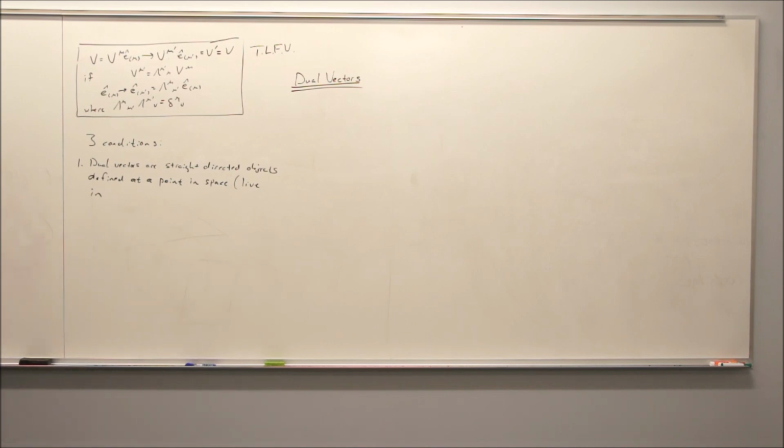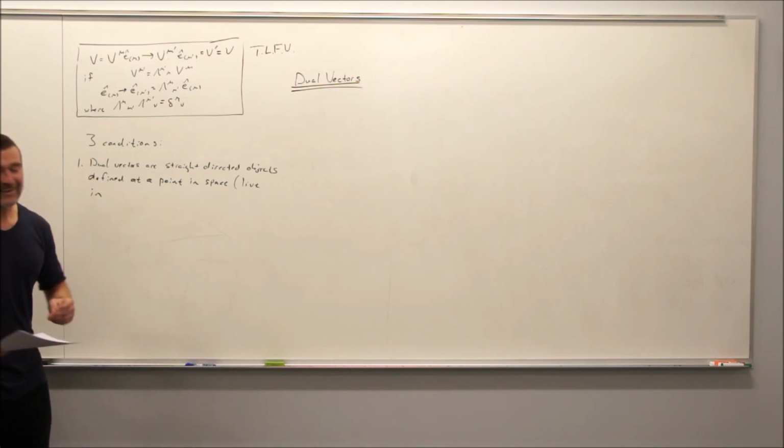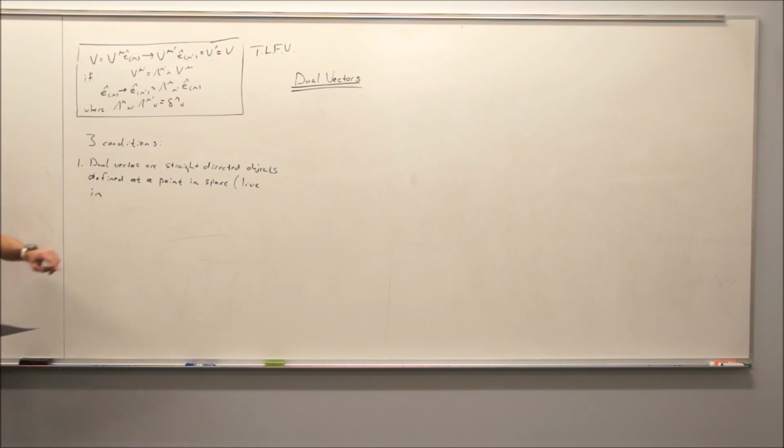So I'll draw a random card and see who's up. Oh, it's Sarah Jones. Sarah, what space do you think dual vectors might live in? On tangents.